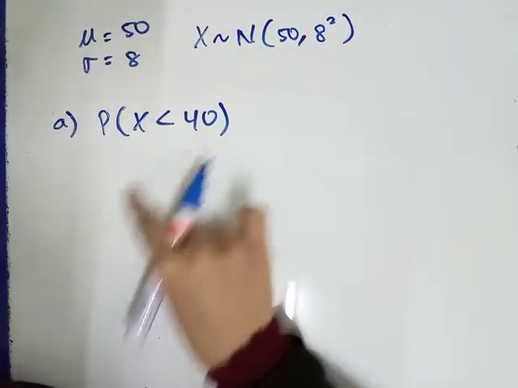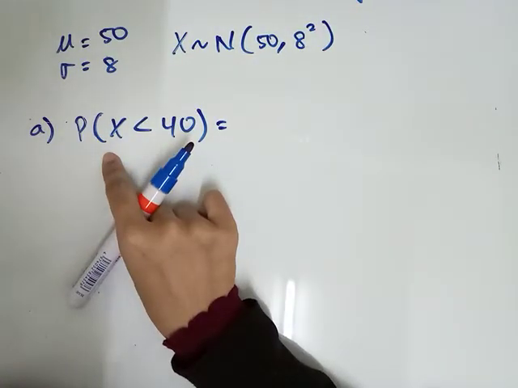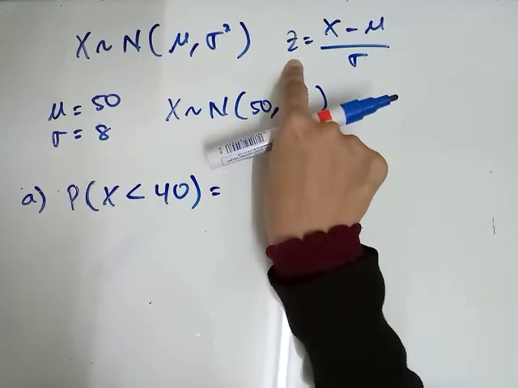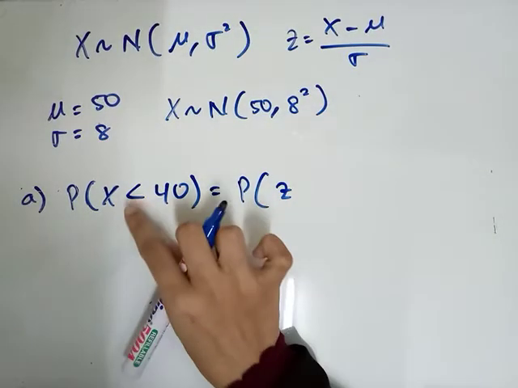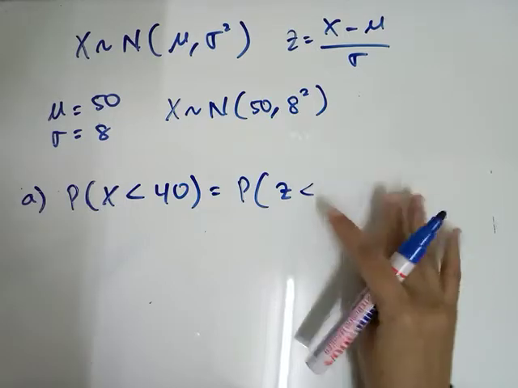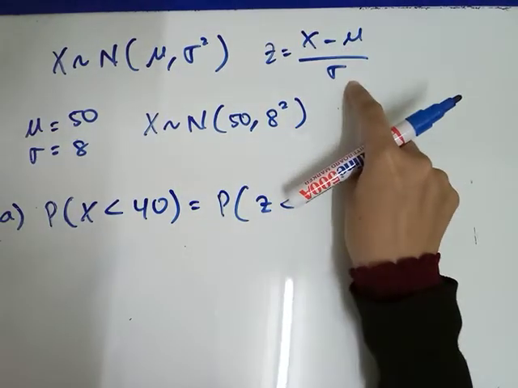Okay. So, from normal, we have to transform into standard normal. We have to use Z. So, the probability Z. Okay, refer pada question. Question ask about less than. So, we need to put less than. And then use formula: X minus mean divide standard deviation.